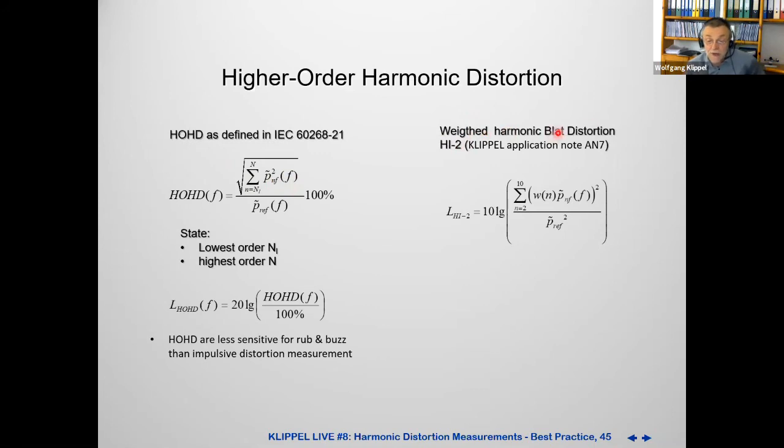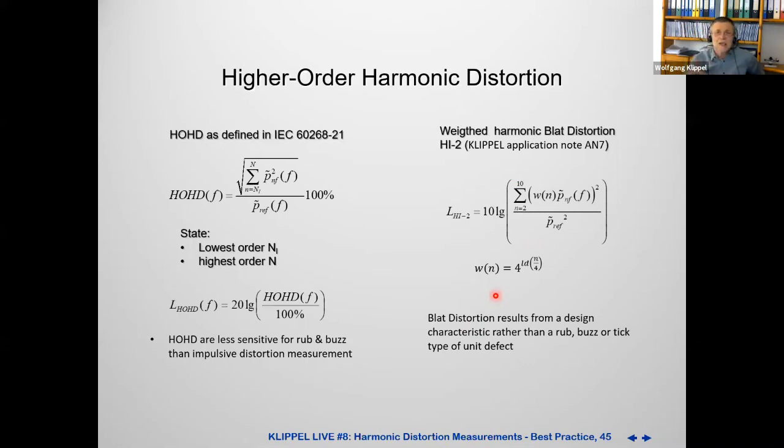The weighted harmonic Platt distortion only goes to the 10th order. It starts with the second, but it uses a very special weighting function introduced by David Clark. And here you see how it is defined. It's a little bit more complicated, but this is a very nice way to evaluate the strange sound generated by a suspension which is limiting.